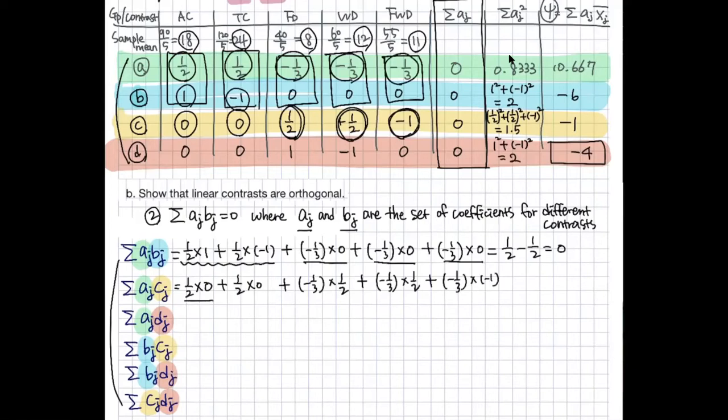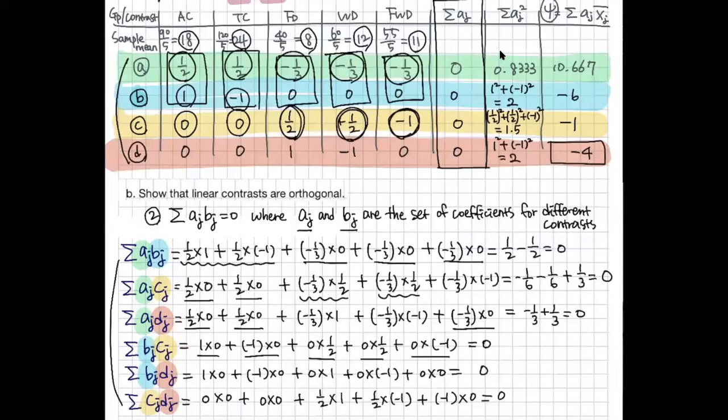Something times 0 is always 0, so it's all gone. This one is negative 1/6, negative 1/6, plus 1/3, which is 0. If I calculate all the combinations of two coefficients for different contrasts, everything is 0. So we can say the linear contrasts are orthogonal.